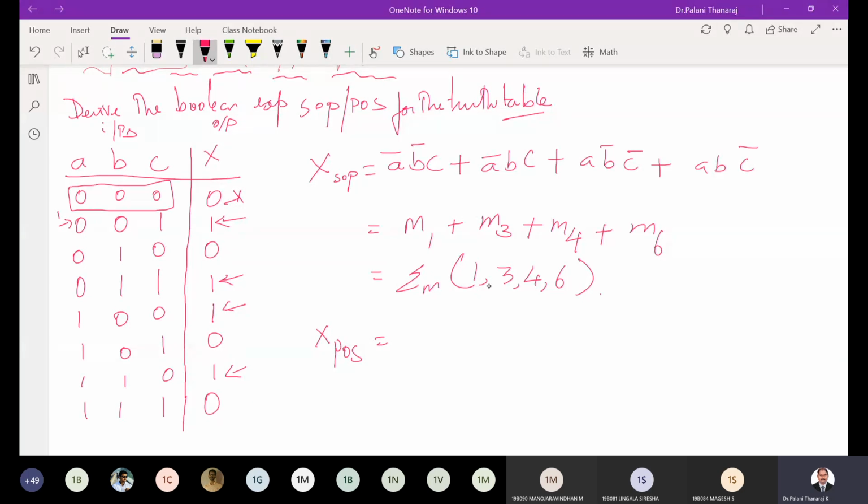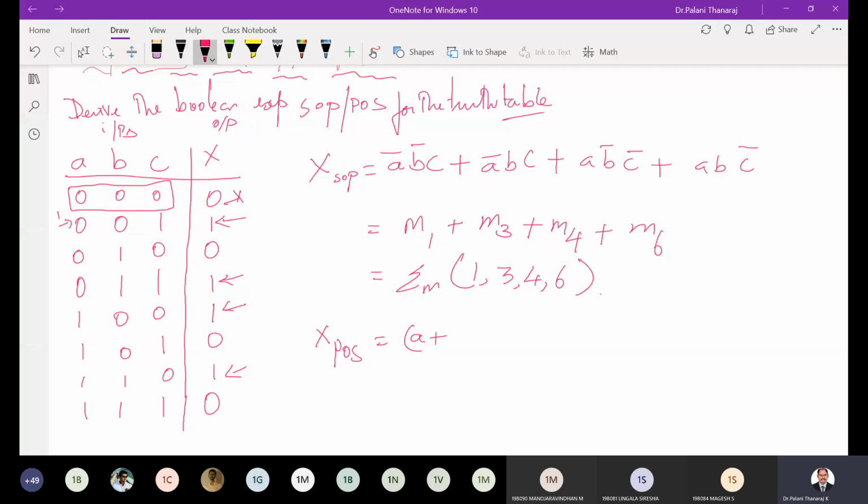All are zeros. Tell me its sum term form. Its variable is A. Should I write A or A complement if it is 0 in POS? This is where you actually commit mistakes. Always in POS, if it is 0, you write the same true variable. So here 0 means it will be A.